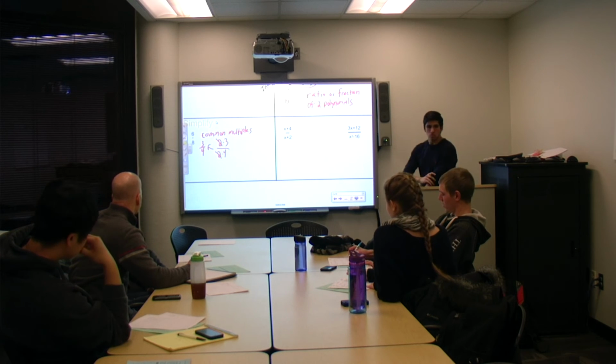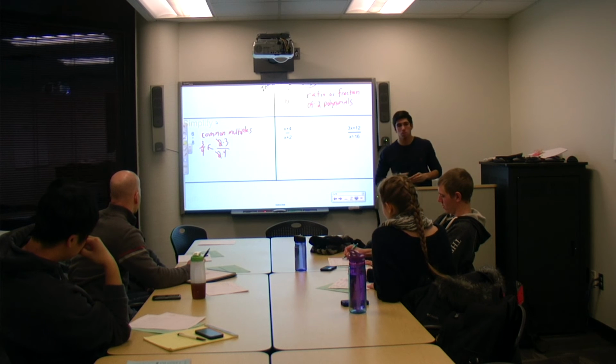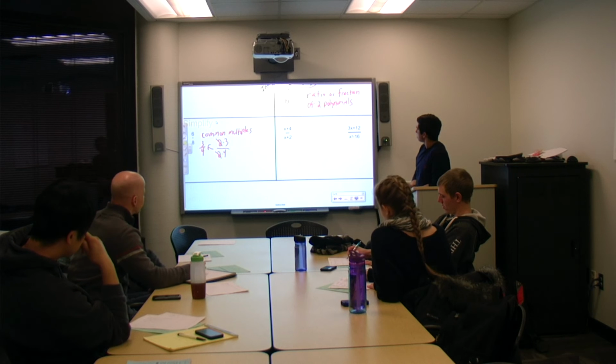We're supposed to simplify these, right? Yes, so try to look at the common multiples like you found in the rational numbers and see what you can do with these.